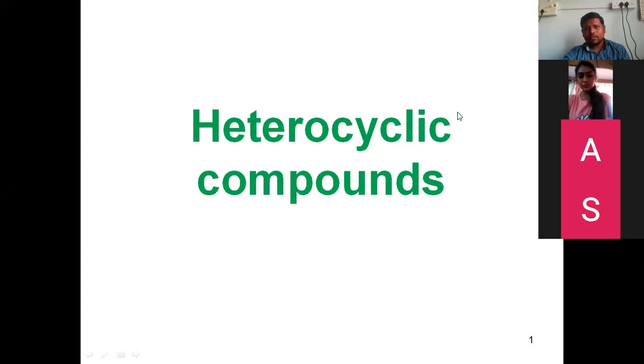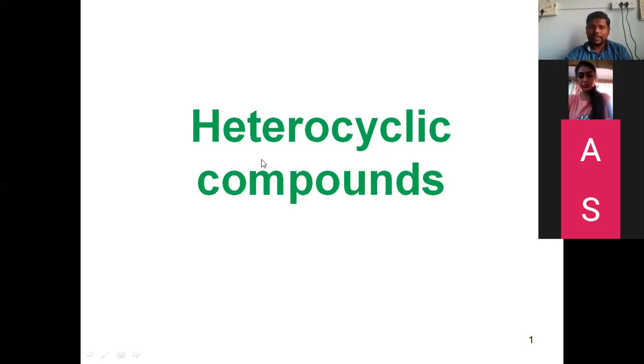Cycles of hydrocarbon, we know, for example, are benzene, naphthalene, anthracene. In these, one or more carbons are replaced by nitrogen, oxygen and sulfur, and it gives a new compound, a heterocyclic compound.